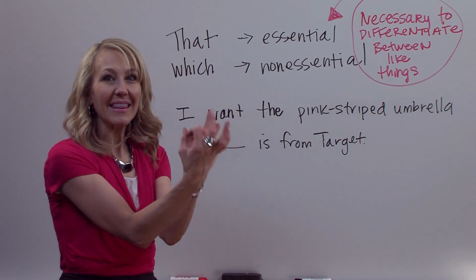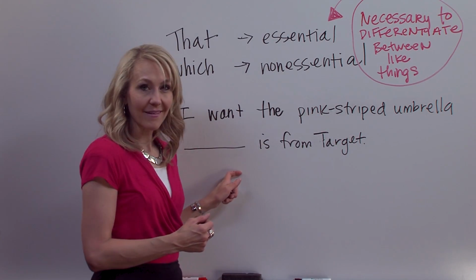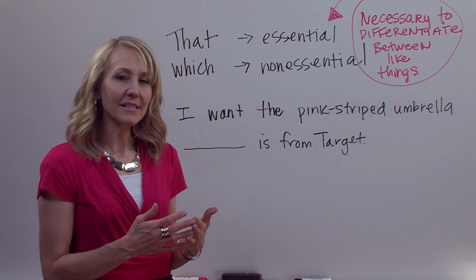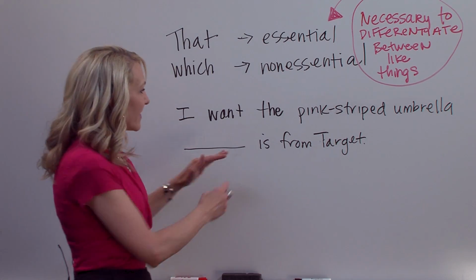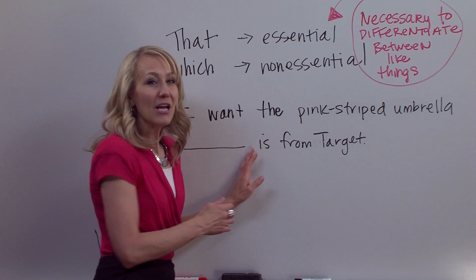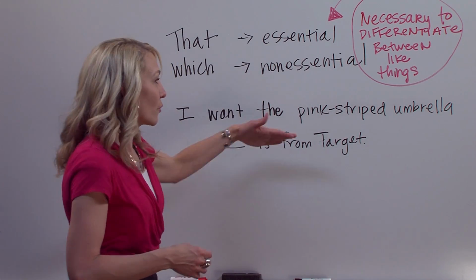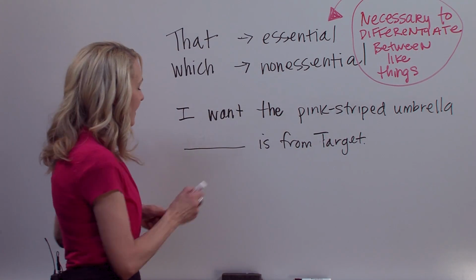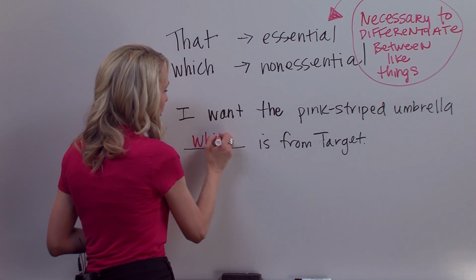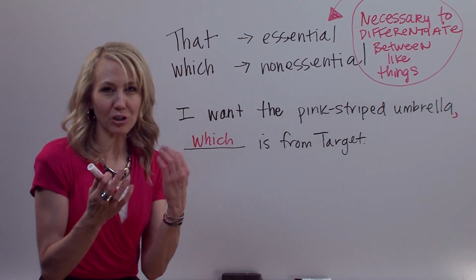I've made my thing more unique. I want the pink striped umbrella, that or which is from Target. Well, the odds are there aren't too many pink striped umbrellas. So this information from Target becomes non-essential or less necessary in order to let me know which umbrella I'm talking about. So in this case, I'm going to put in the word which. I want the pink striped umbrella, which is from Target.